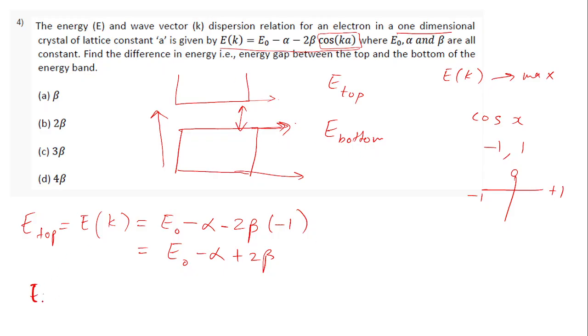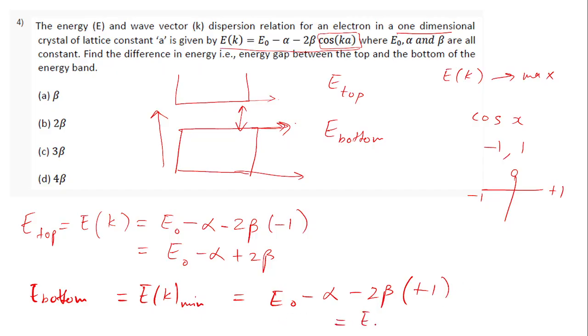So the bottom of the energy band will be E0 minus alpha minus 2 beta, with cos taking its maximum value, +1.